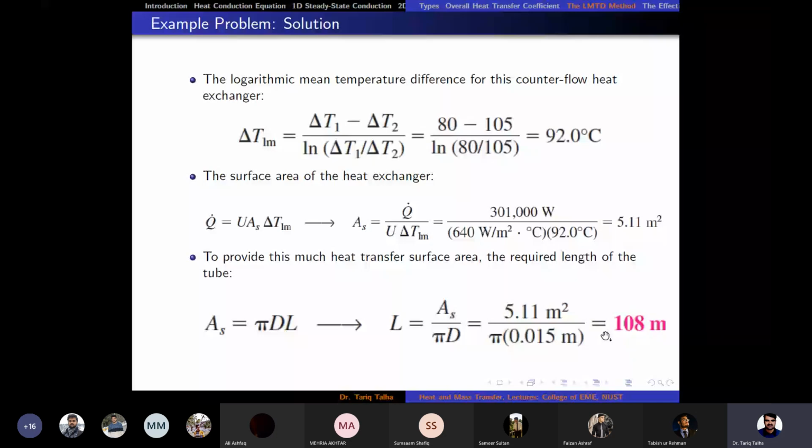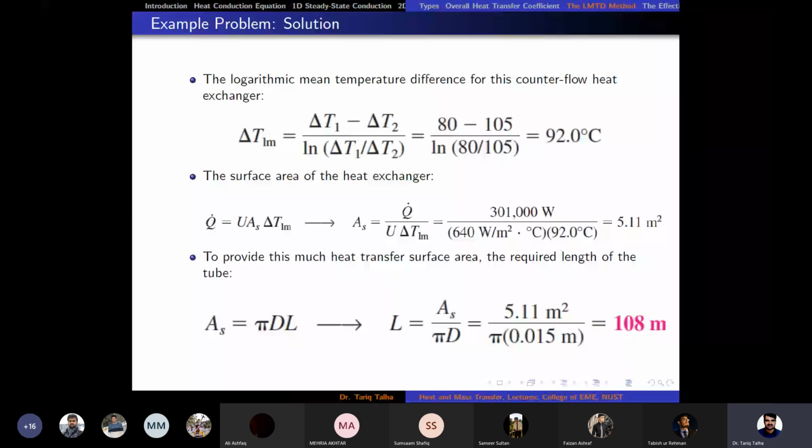So we can readily conclude that this length cannot be one straight pipe, because 108 meters of pipe usually requires some bends or a network of tubes to accommodate the heat exchanger process in a limited volume.